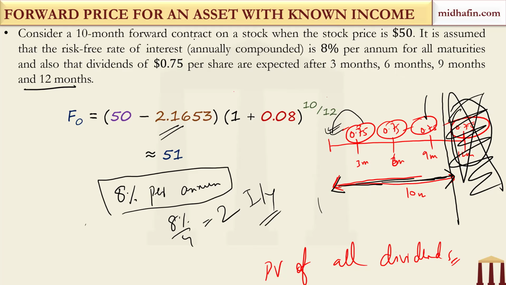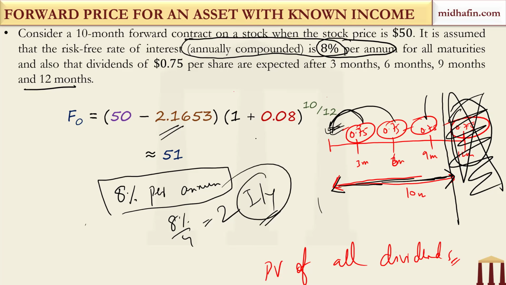Why? Because the interest is annually compounded. So either you discount it separately one by one, or while you are using TVM, make sure that first you convert this rate into the equivalent quarterly compounding rate and then divide it by 4 and then put it in the I/Y. Understood? So you have to be very, very careful while using the TVM button.